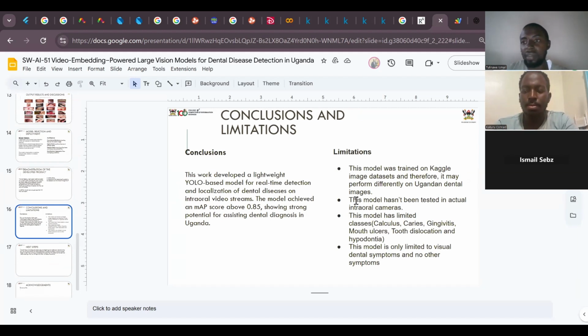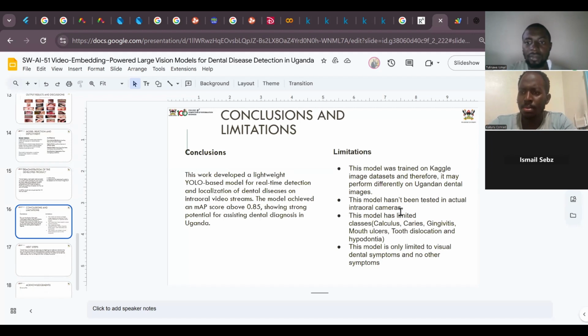So it may perform differently when it handles Ugandan images. Then we have not tested on actual cameras, like implementing it on real cameras. We were able to train this model on the images we had, though we have not implemented it in a real device.